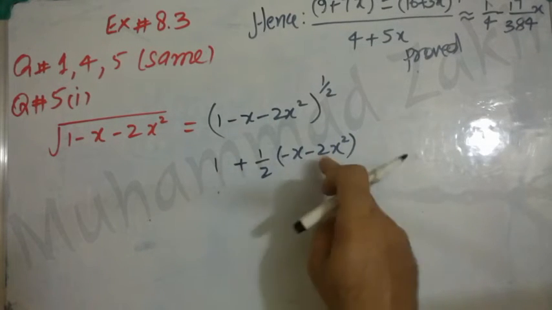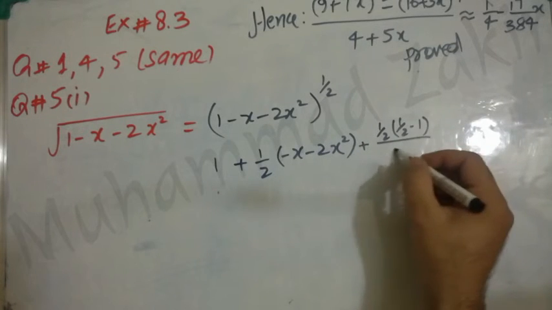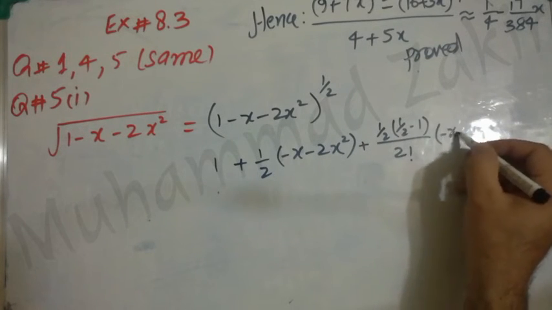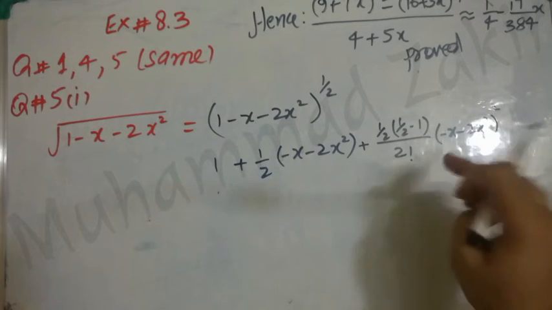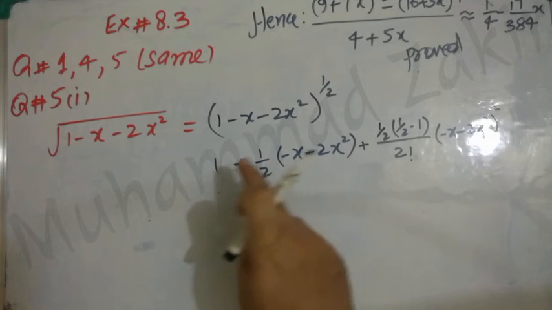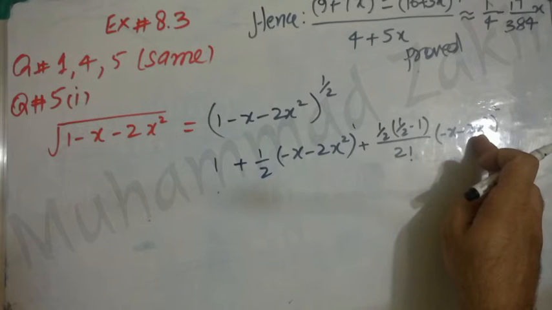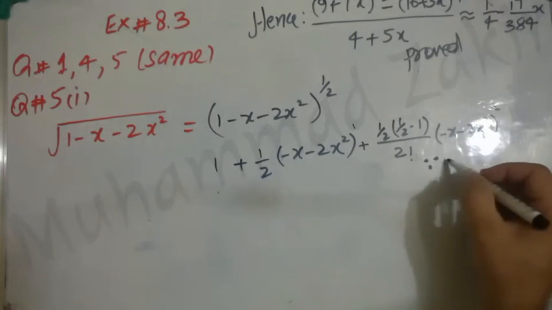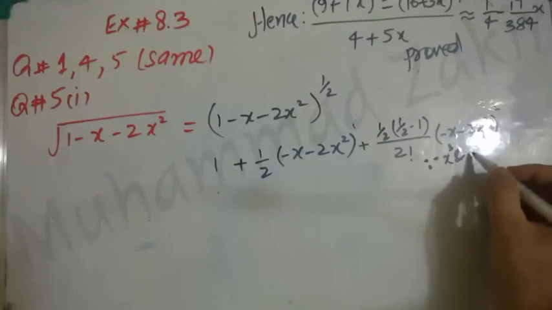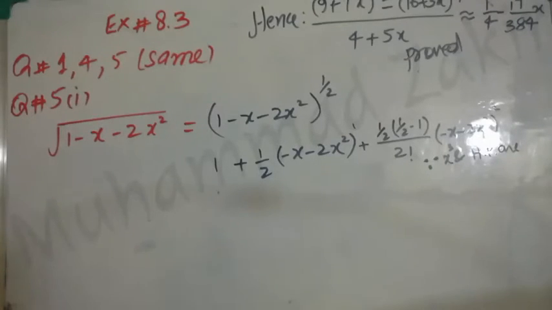So 1 plus nx plus n minus 1 by 2 factorial x square. And in the next term, this is 1 plus nx, x with 1 power, then x with 2 power, x with 3 power, that is neglected. x cube and higher powers are neglected. Have we to write x cube also?